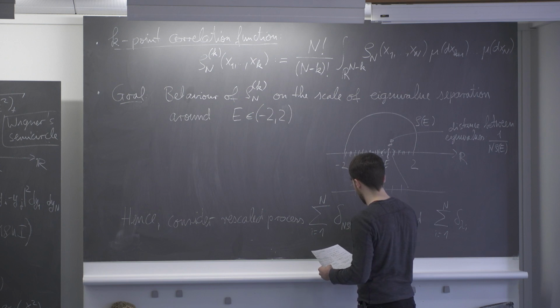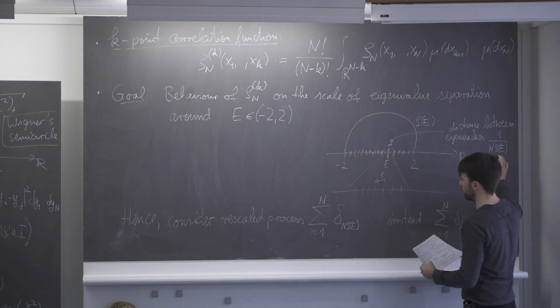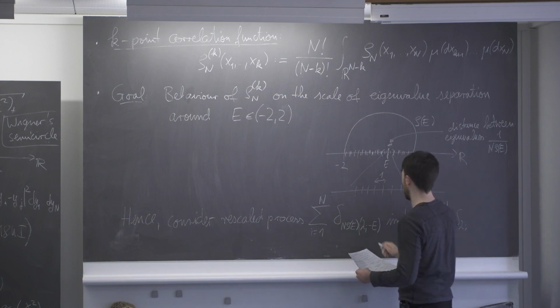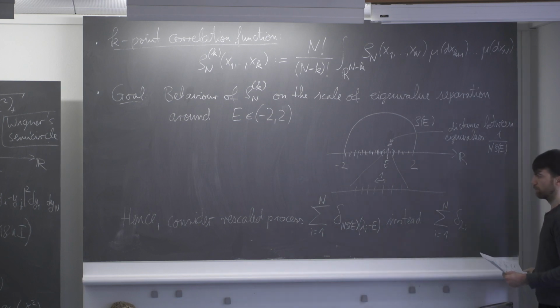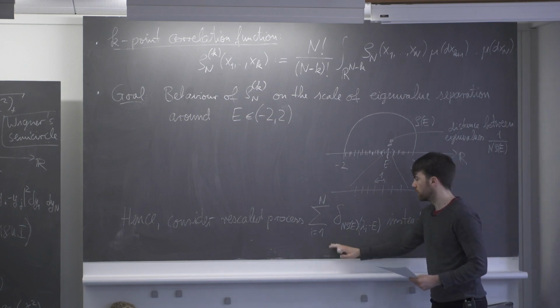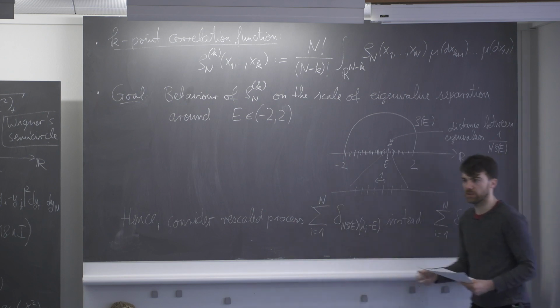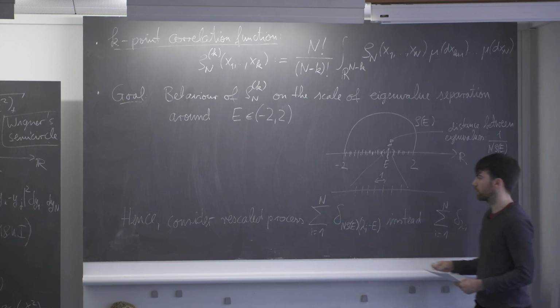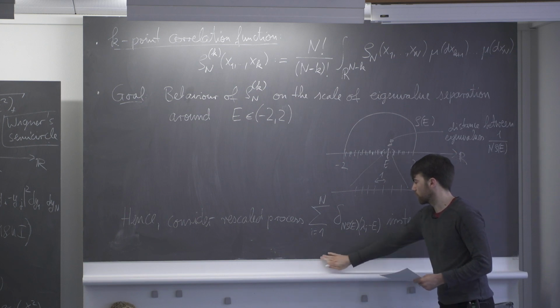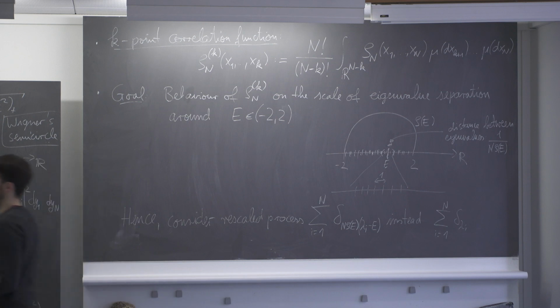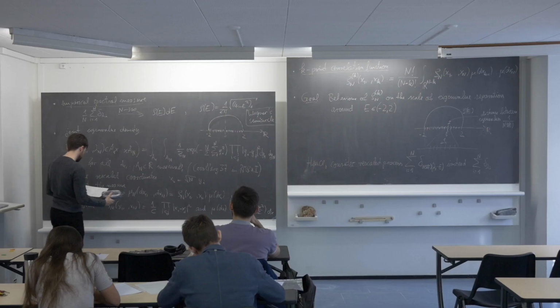So we blow everything up by the eigenvalue distance here, and we center everything around the energy E. So given this heuristics, that's the natural object to study if you want to get a point process which in the limit for large n gives you something non-trivial, and of course then n-independent.